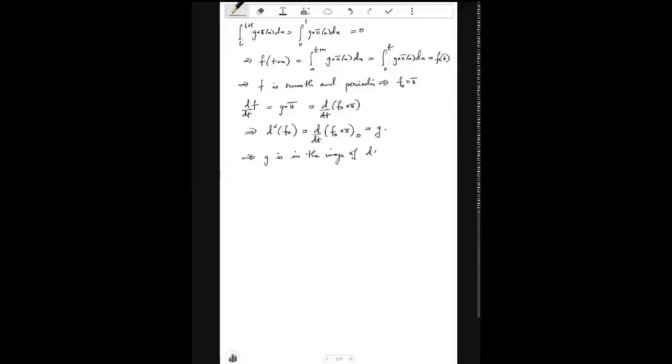So next, clearly the constant function is not in the kernel.